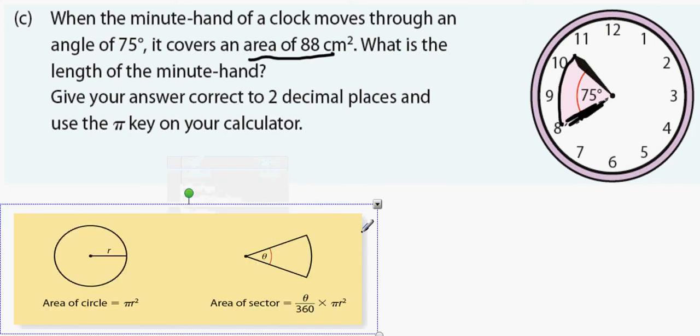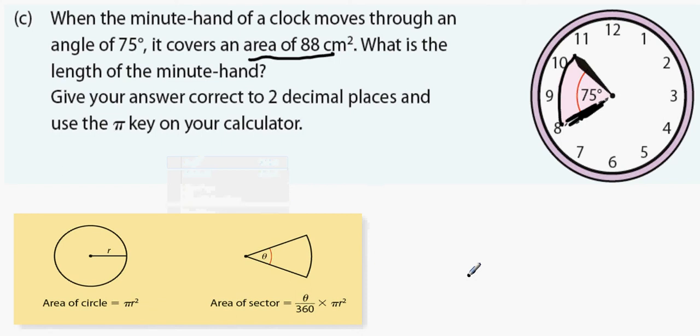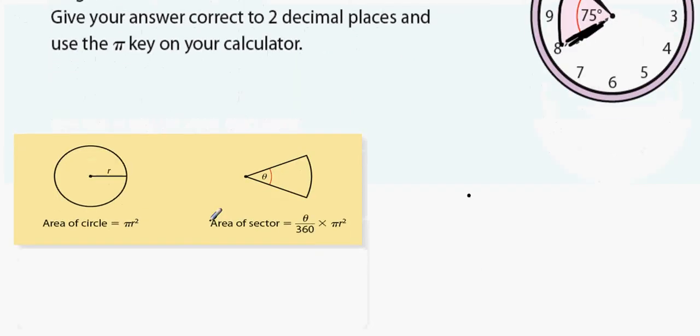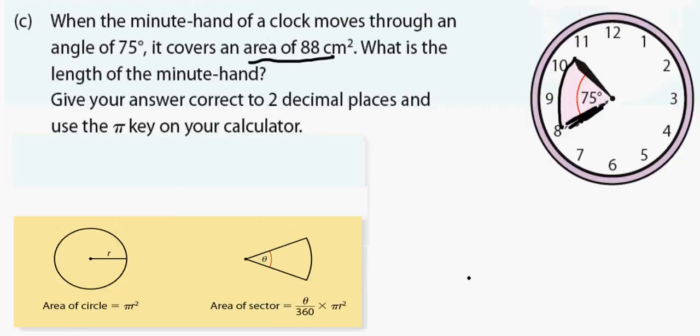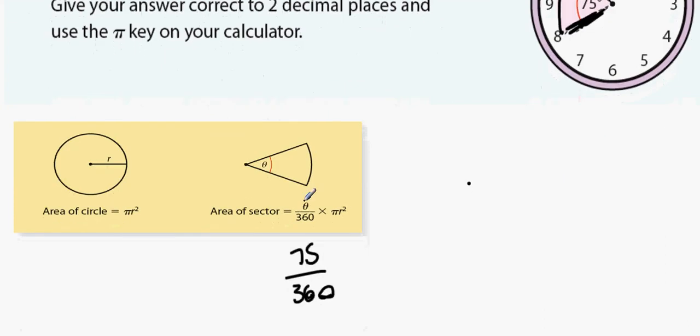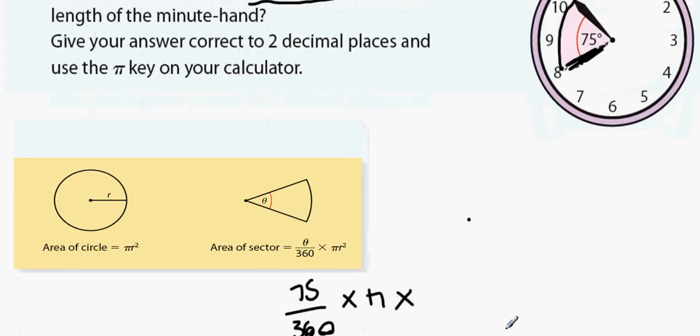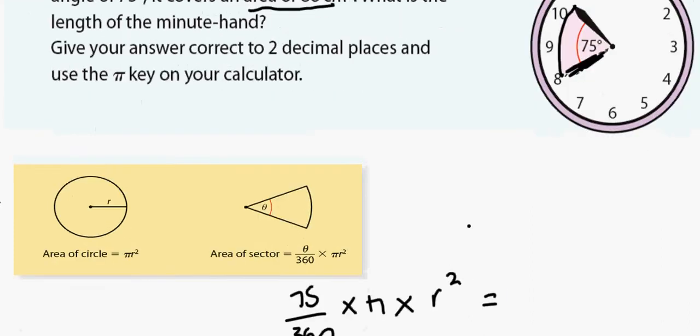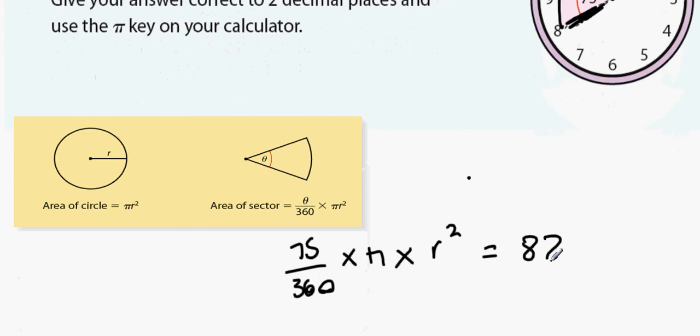So it's going to be 75 degrees divided by 360, times pi. We know that pi is the pi key on the calculator, so we just use the calculator. And we don't know what r squared is, so r squared is unknown to us, and this all must equal 88 centimeters squared. So we're going to put this in our calculator. 75 divided by 360.